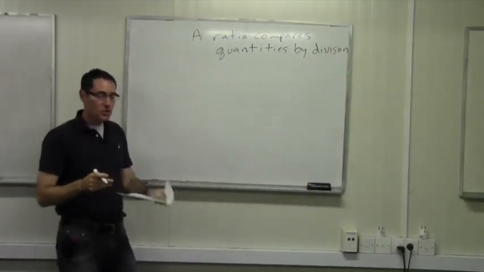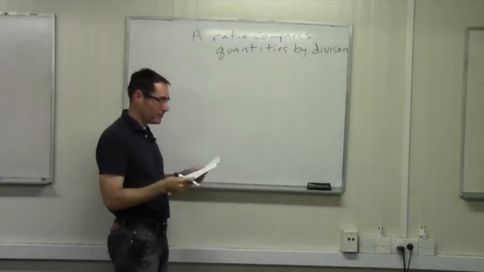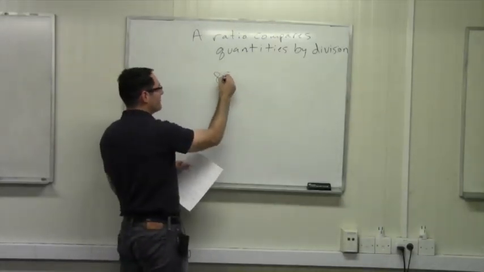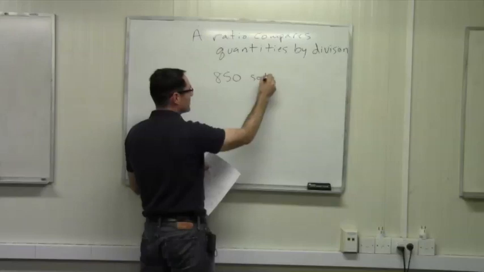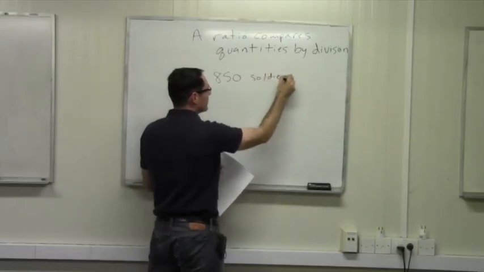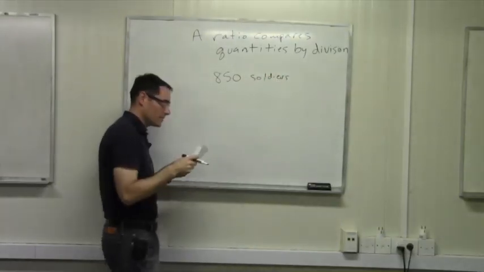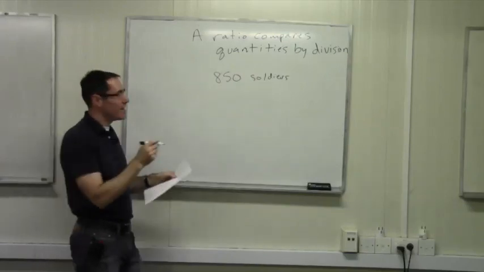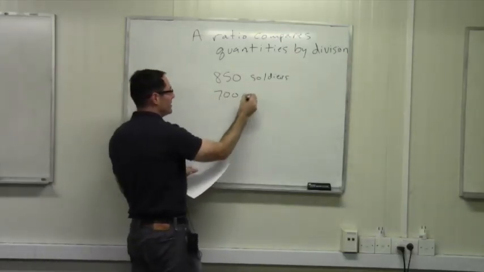Okay? So, at one point or another, let's say there were 850 soldiers here at Camp Lemonnier. And let's say there were 700 sailors.